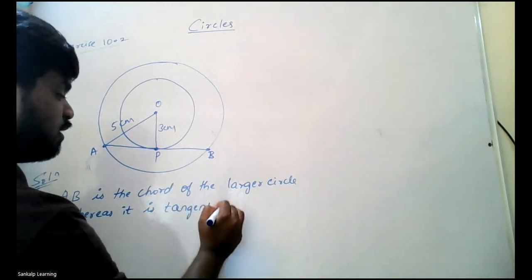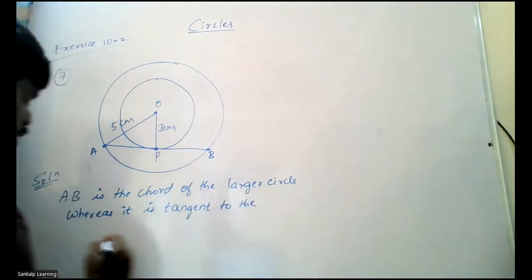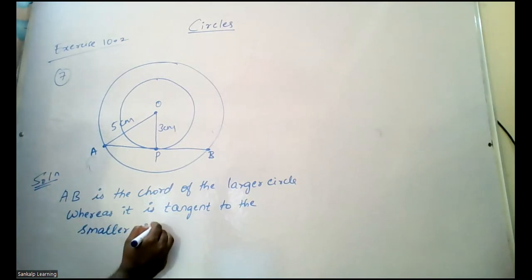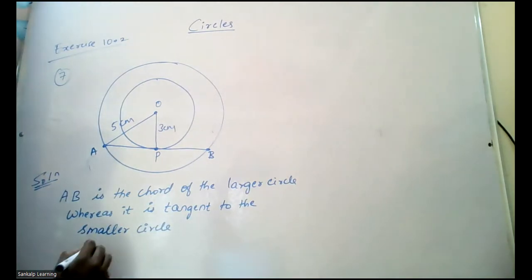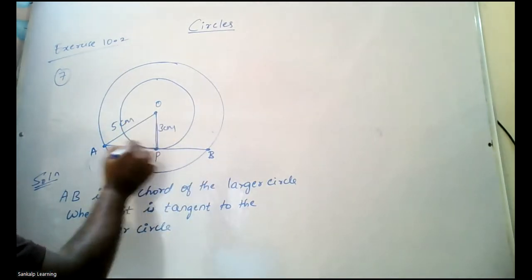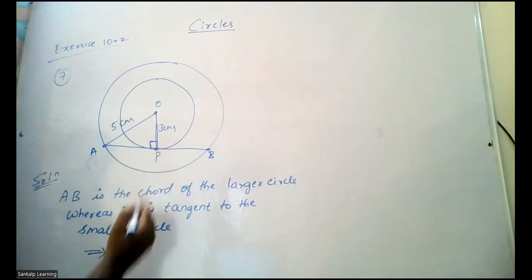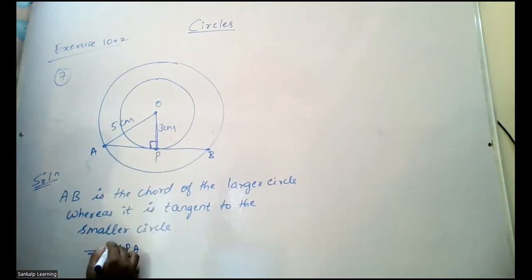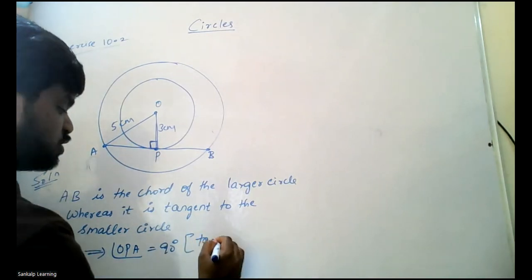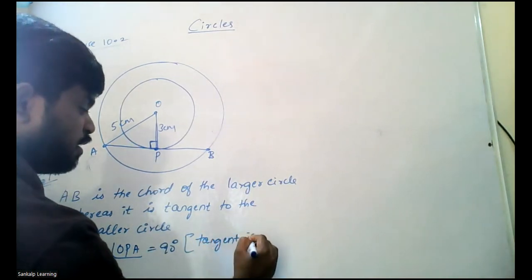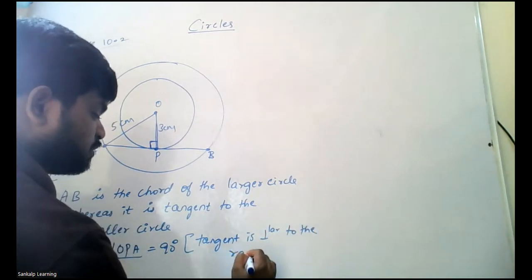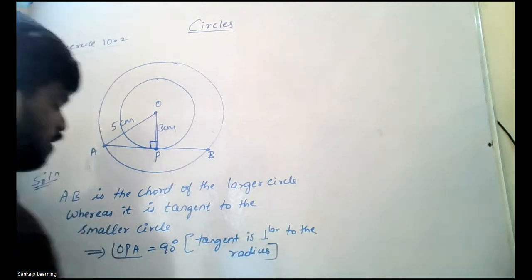It is tangent to the smaller circle, which implies if this is a tangent, this is a radius, what is the angle? 90 degree. Angle OPA is equal to 90 degrees because tangent is perpendicular to the radius. That is the reason.